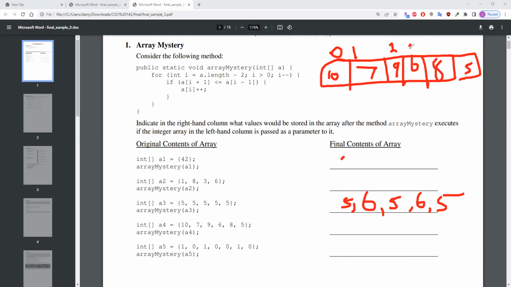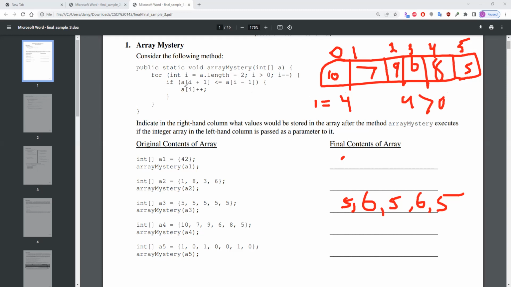Naming index is very important because, as you can see, we can keep track of the values. Now A dot length minus 2. What is A dot length? 1, 2, 3, 4, 5, 6. 6 minus 2 is 4. And that's your I equals 4. Is 4 greater than 0?